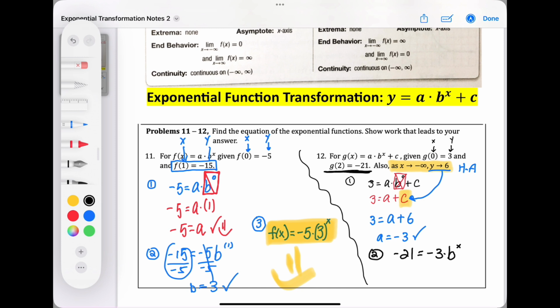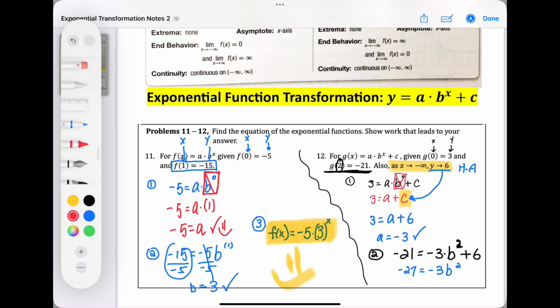My x power, as you can see here, is 2, plus my horizontal asymptote is 6. Now I'm going to do the housekeeping to solve for my b. Both sides minus 6, that gives me negative 27 is equal to negative 3 times b squared.